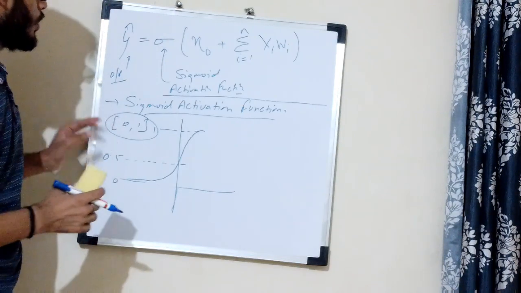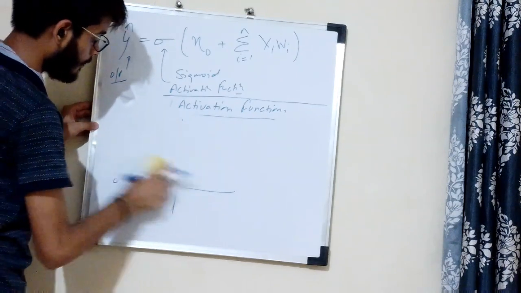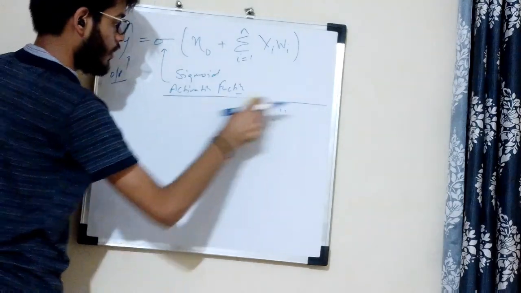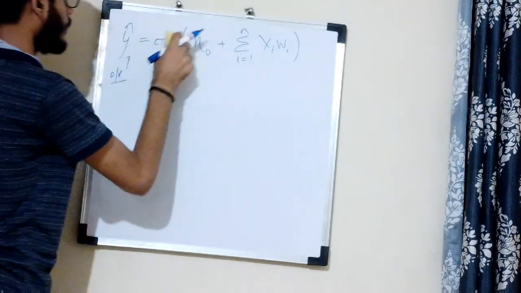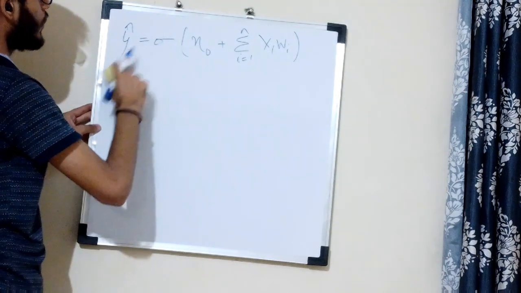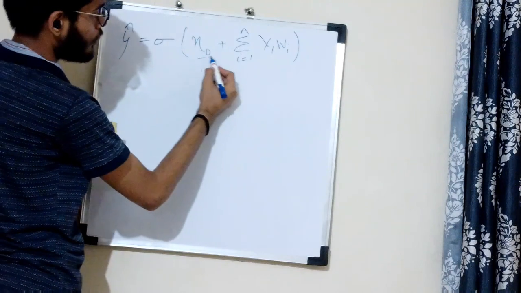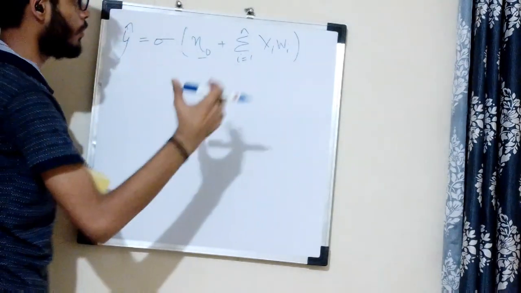I hope you have got an idea of what a perceptron is. The perceptron is a building block of deep learning models. This is a very important expression: y hat equals the activation function of x naught plus the summation of i equals 1 to n of x_i w_i.